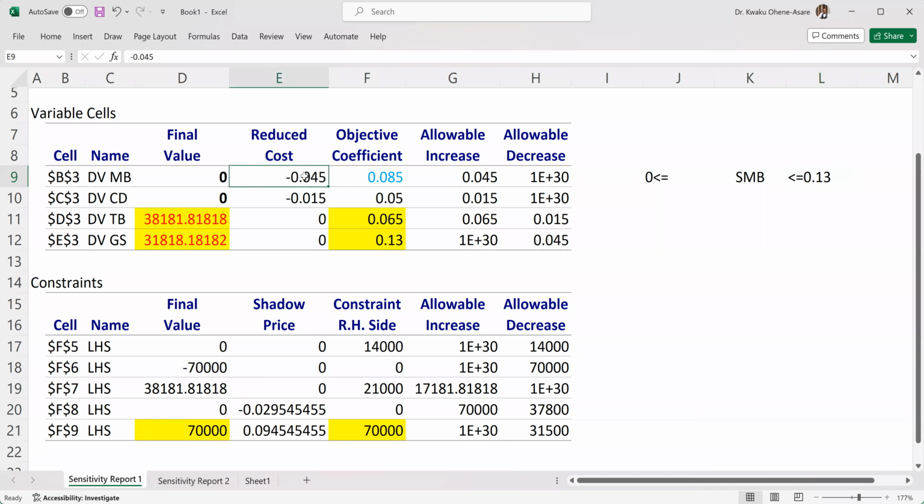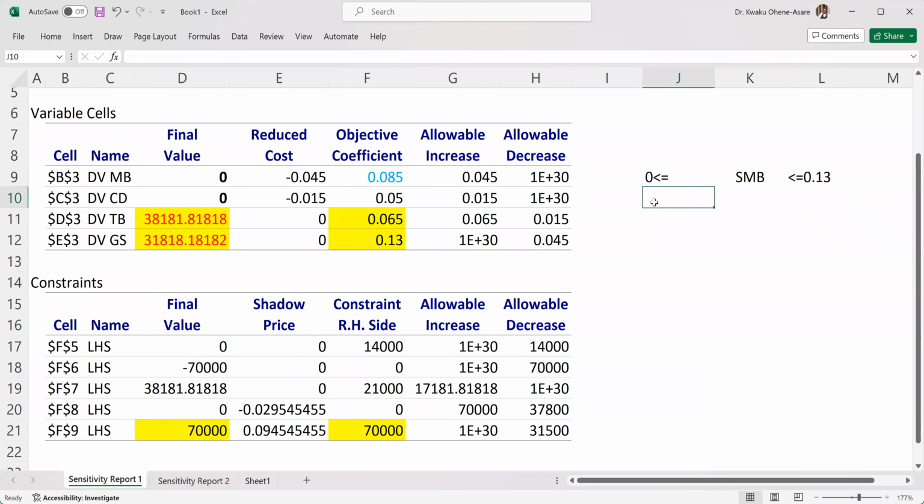See, the reason why the reduced cost is negative is because you are not supposed to invest in municipal bonds. Write it down. That's why it's negative. Because if you go and put anything in there, you will suffer. You get negative marginal returns. So what should be the minimum? This is how you calculate the minimum.